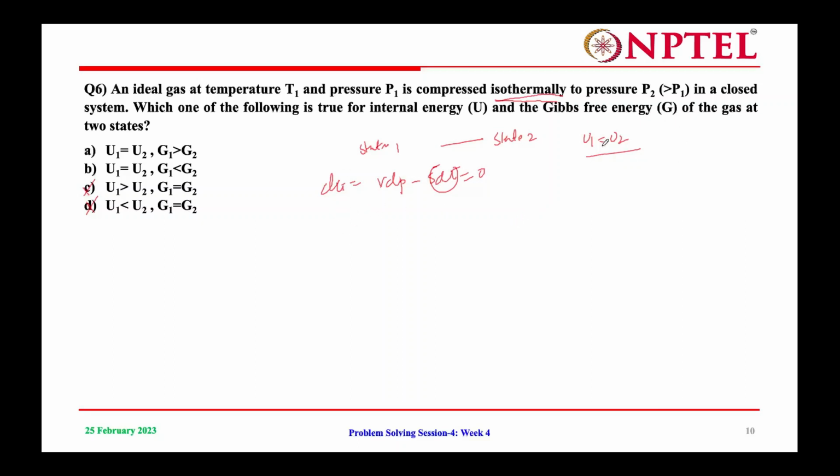Now an ideal gas, so put V is equal to RT by P here and integrate this.